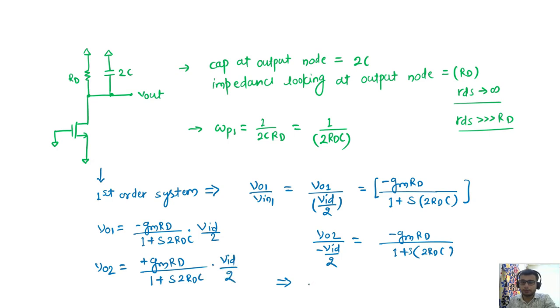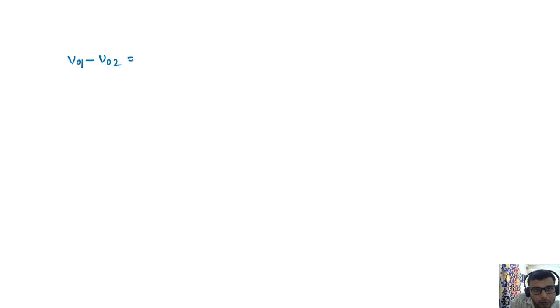Okay, so from here we can find V out 1 minus V out 2 is minus GMRD by 1 plus S 2RDC times VID by 2 plus VID by 2.